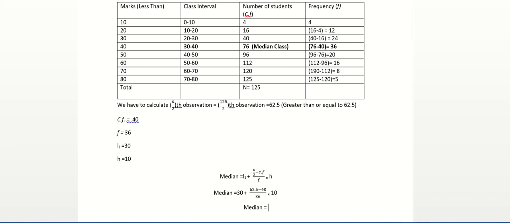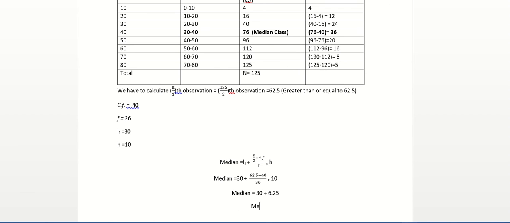So median is 30 plus 62.5 minus 40 divided by 36 into 10. So I'm just solving this whole part. So here I have obtained 6.25 and median is 36.25.